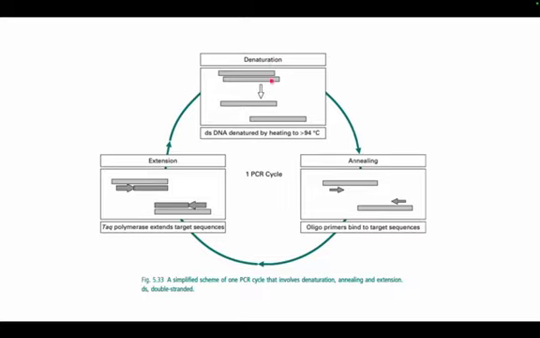That is called denaturation. DNA is denatured by heating to greater than 94 degrees Celsius. Then we need to anneal it. And in annealing, we are allowing our primers, which are basically oligonucleotides, to bind to the target sequence. And then we're going to allow DNA polymerase to extend it.